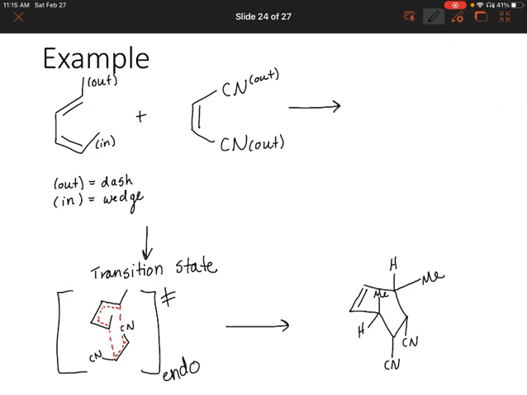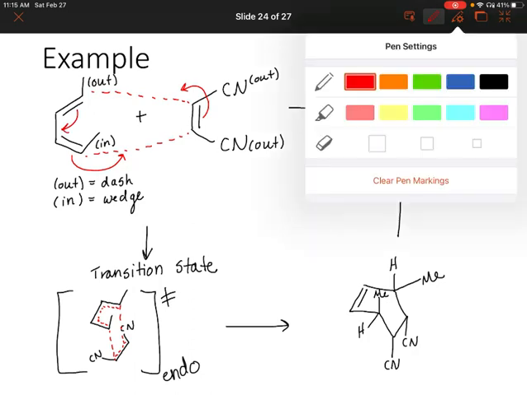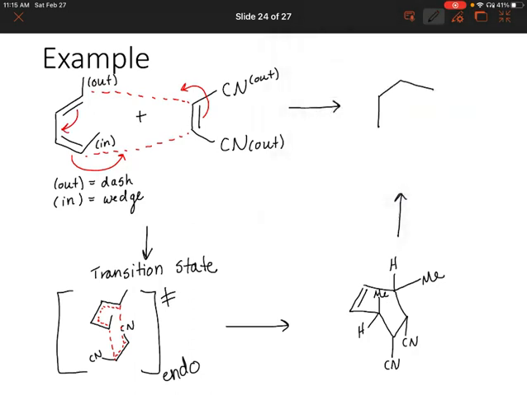Now, this is confusing, so it's okay if you're a little lost. So let's just draw this in the two-dimensional form. Okay, so we know that as usual, we're going to form two new bonds between our diene and our dienophile. And we're going to move one of our pi bonds over. So we get cyclohexane. So that's normal, that's usual. We've seen that a lot now.